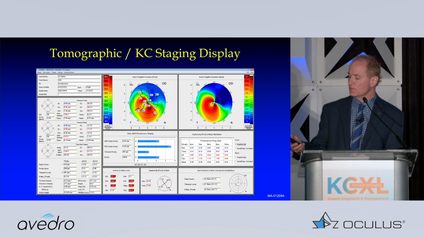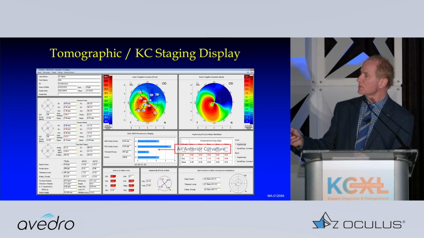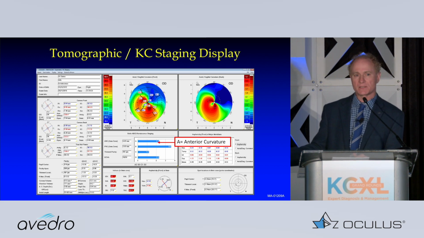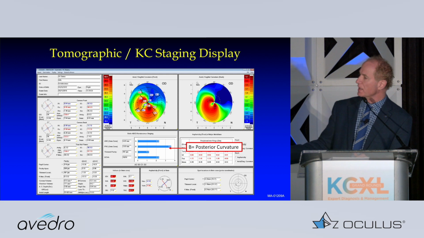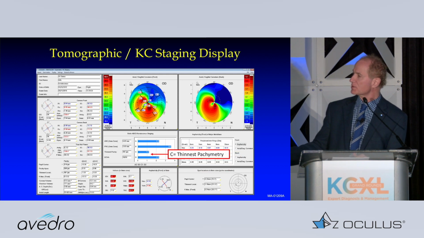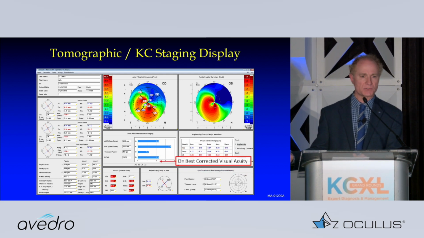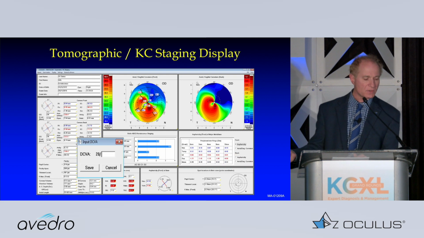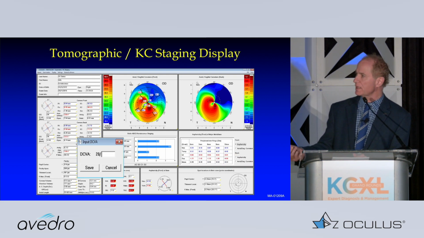Let me go further here. So here's just a case of what looks like an obvious keratoconus. And if you break it down, it'll give you metrics in terms of scoring systems and keratoconus staging for the anterior surface, posterior surface, the thinnest pachymetry, and also the best corrected vision, because vision has something to do with the losses involved with keratoconus. And this way you can stage a patient.